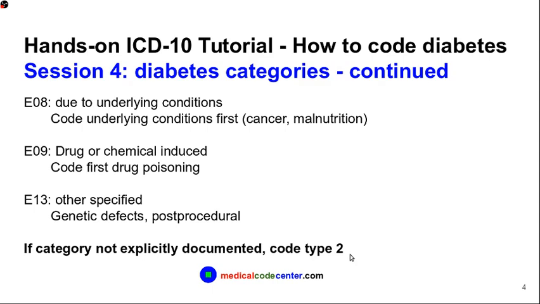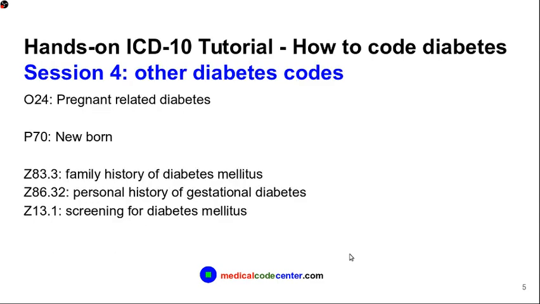This is one coding rule you have to follow. If there is no information about the type of diabetes, you just code type 2. Next slide, we'll talk about some other diabetes codes. The first one is pregnancy-related diabetes.